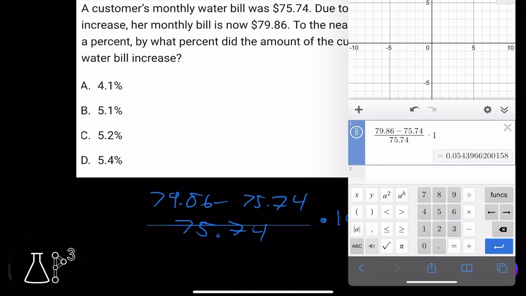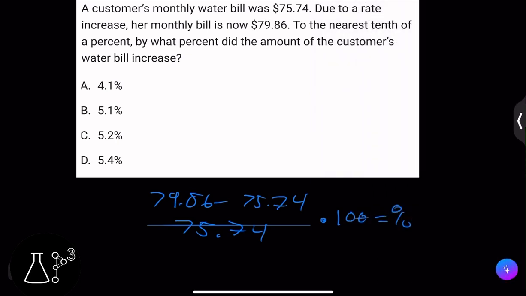If we round it, we're going to get roughly 5.439, so it rounds to the nearest tenth place. We're going to get 5.4%, and the answer that looks like that is D. And that's how to look for the percent increase of the water bill.